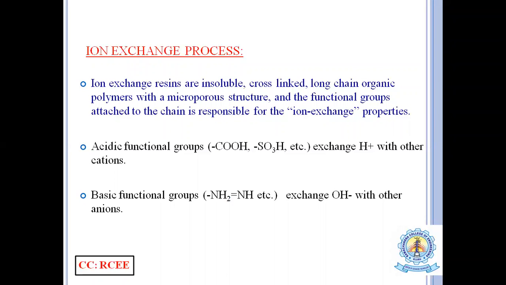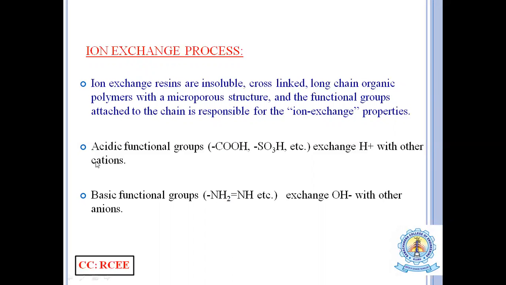Here in the ion exchanger, we take insoluble cross-linked long chain organic polymers having functional groups attached, which are responsible for ion exchange. What are the functional groups attached to those polymers? They are responsible for exchanging the cations and anions which cause the hardness.